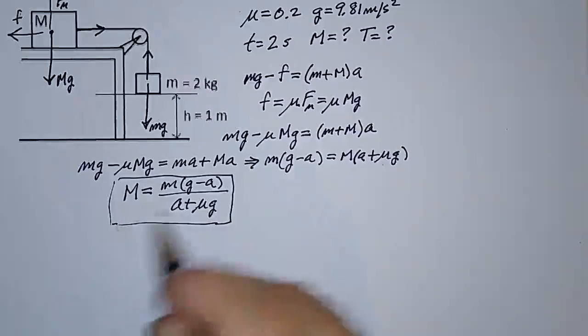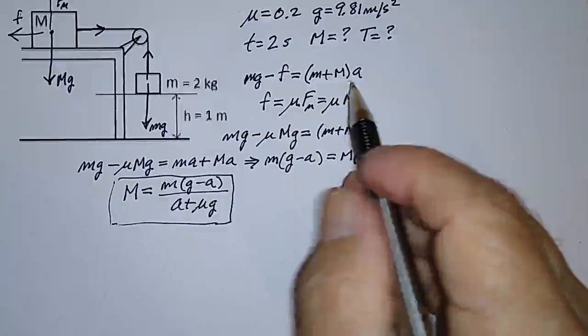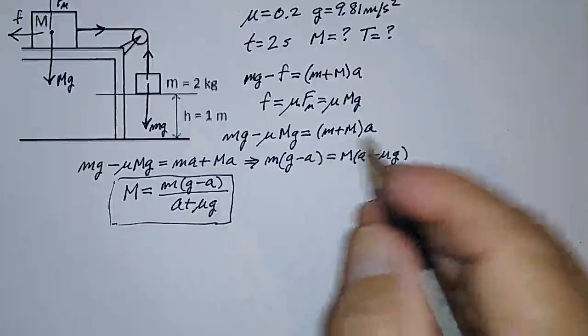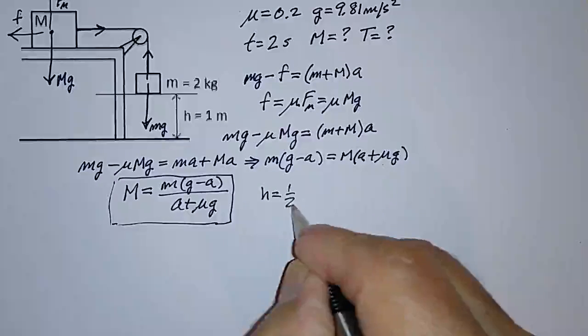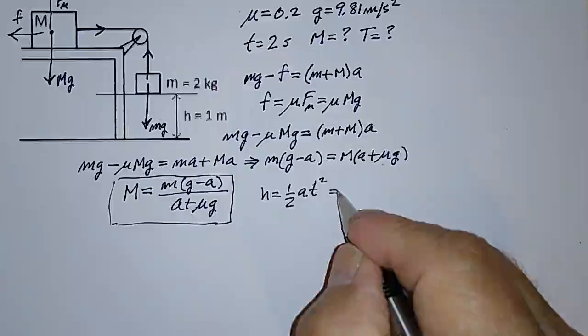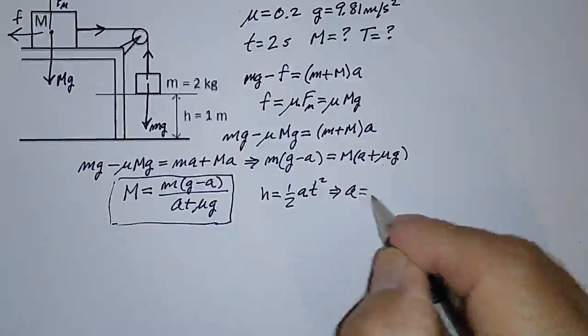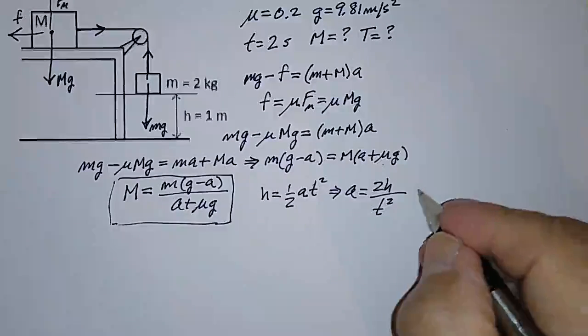But I need to know what little a is in this, because I know everything except little a. So a I can get because I know that h is equal to 1/2 a t squared. And that means then that a is equal to 2h over t squared.